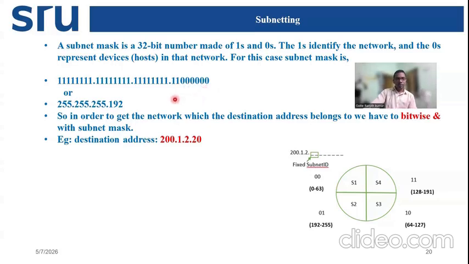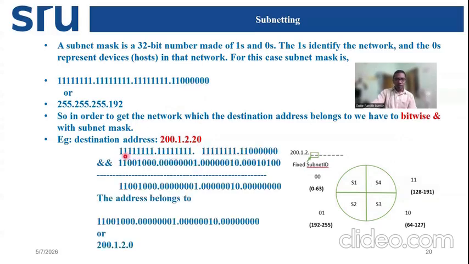Now assume that this is your destination address. Destination address means from the outside, one message reached the router with the destination address 200.1.2.20. In this router, a bitwise operation is performed between this address and the subnet mask.